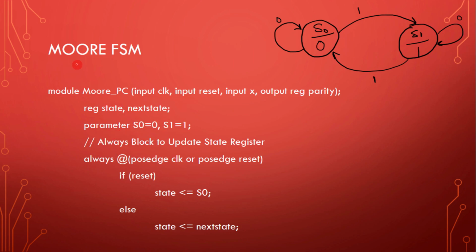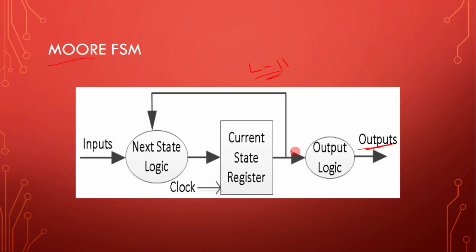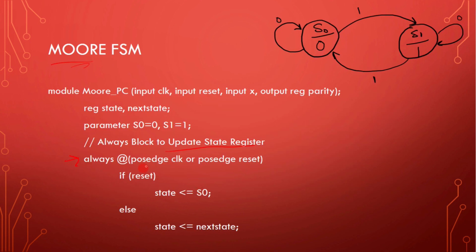You can also implement your Moore type finite state machine in Verilog using 3 cyclic behaviors. This is the first cyclic behavior, which is used to update your state register. As is clear from here, the state register is updated whenever you get a positive edge or negative edge of your clock. I am selecting the positive edge for my state register.